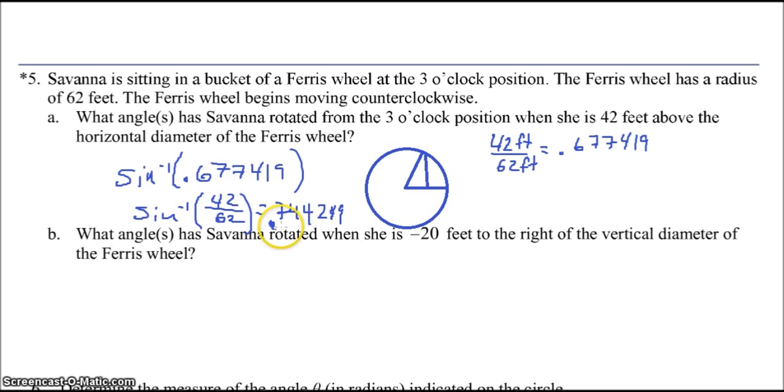Did that answer the question? Yeah, that's the angle theta. Now you could say, but wait a second. When she's over here, she has the same vertical distance. So what would be the angle theta that would give us this position? Well, good question.